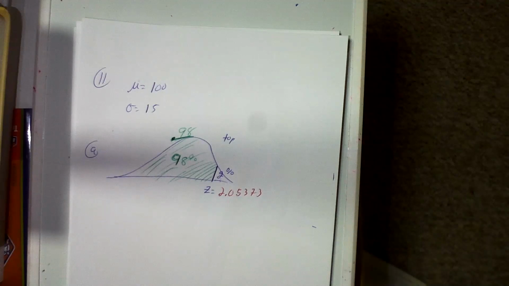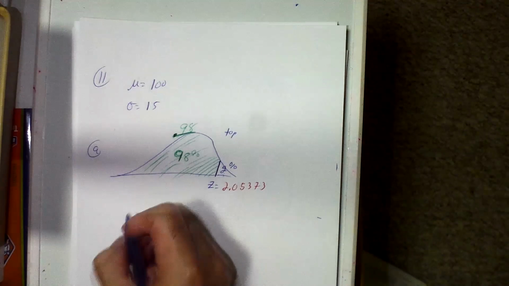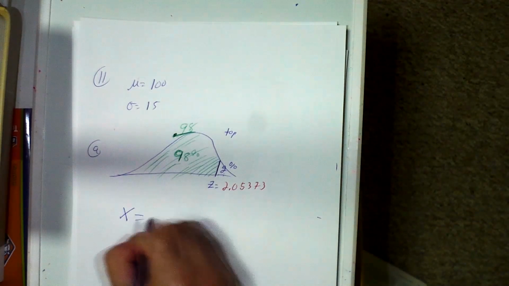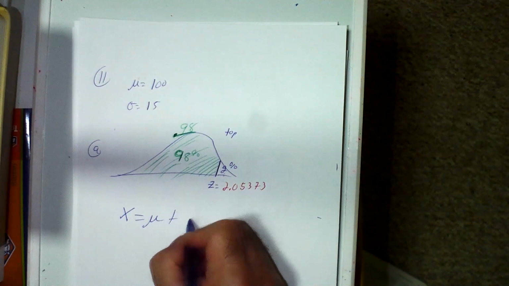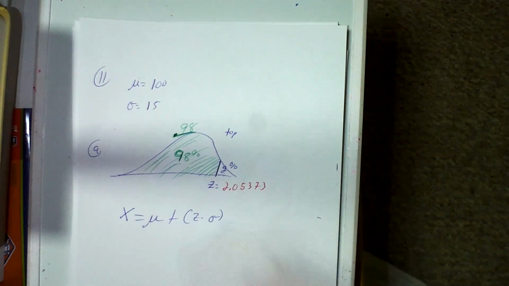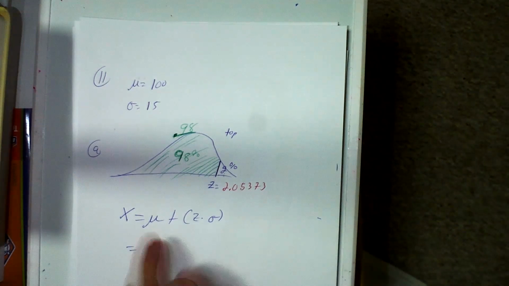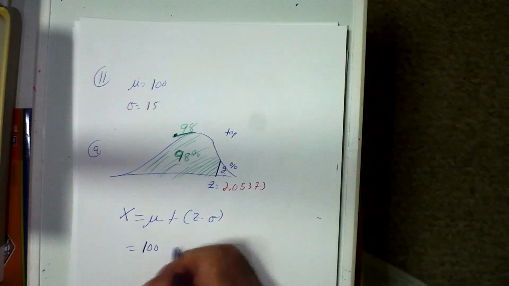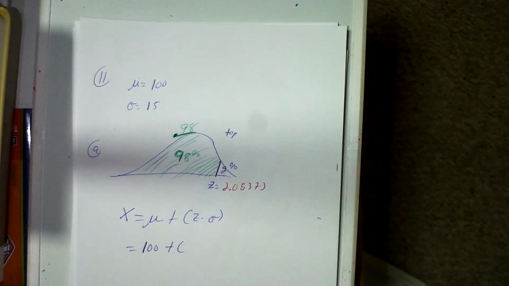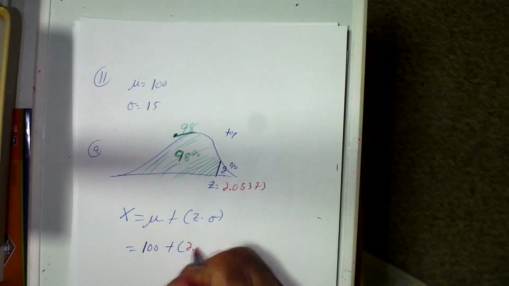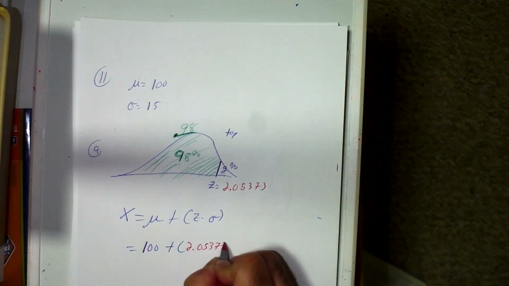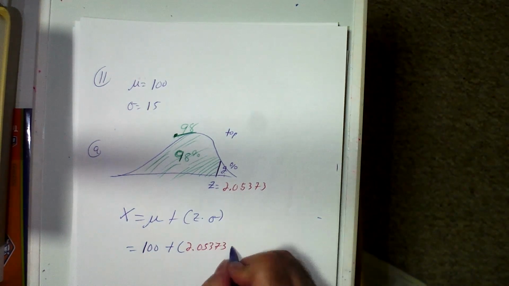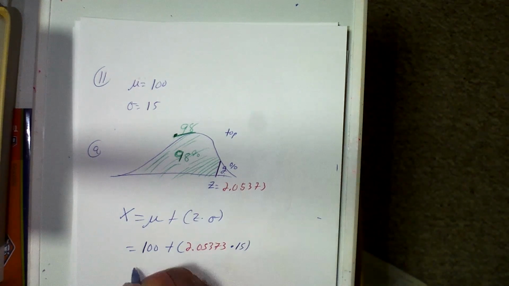Is it the conversion one or the other one? It was X equals mu plus Z times sigma. Right. And we substitute 100 plus 2.05373, and we multiply it times 15, and this will give us our IQ.